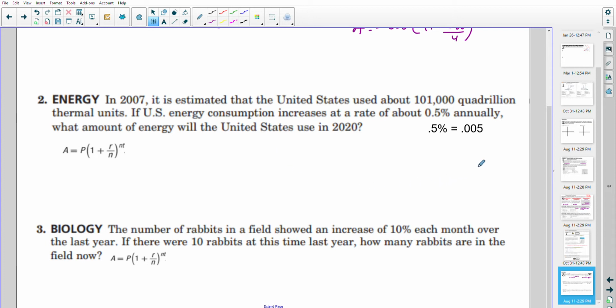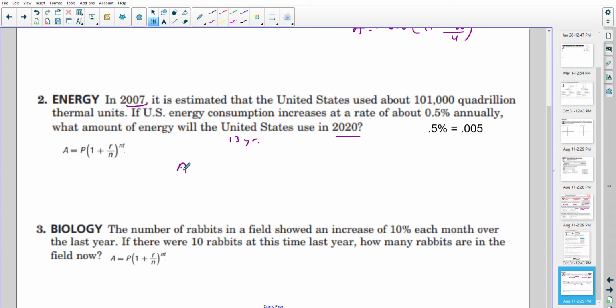Going to the second problem, it's going from 2007 to 2020. Now, you're basically looking for the difference of those two numbers, so you're looking at a 13-year difference. There isn't any compounding, so your N is really equal to 1 here.